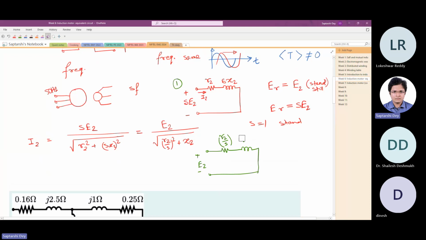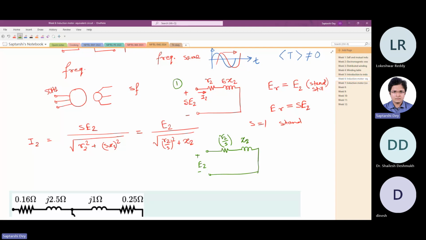Why can you not claim? Because the voltage is not changing. The inductive reactance is not changing. The only thing is the resistance is changing with speed. So whatever standstill voltage E2 was there, that is still the same even with change in speed. Hence, the operating frequency is also fixed.